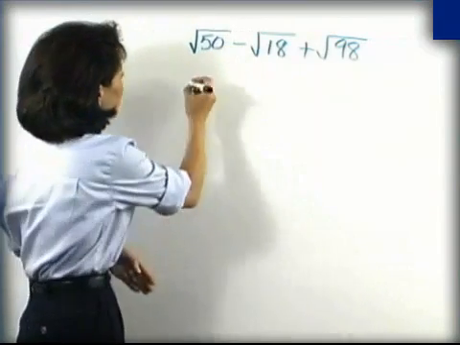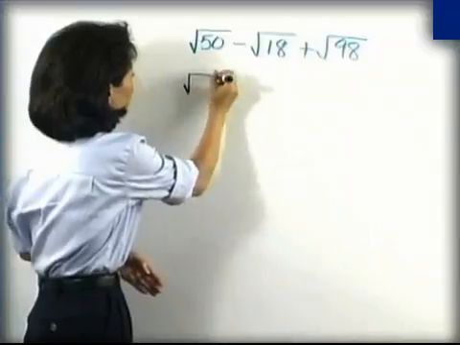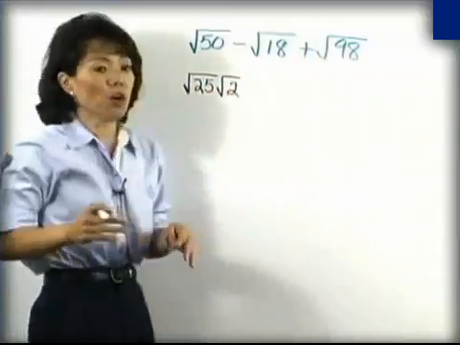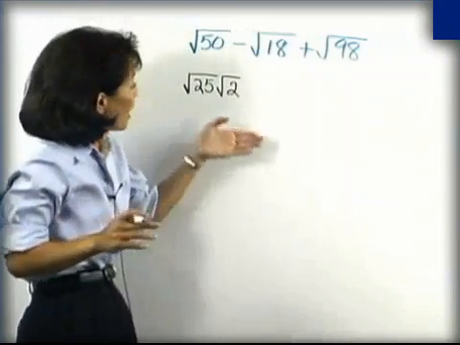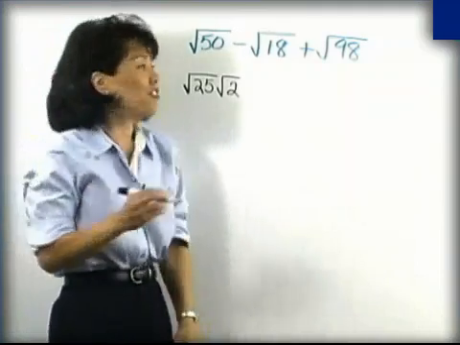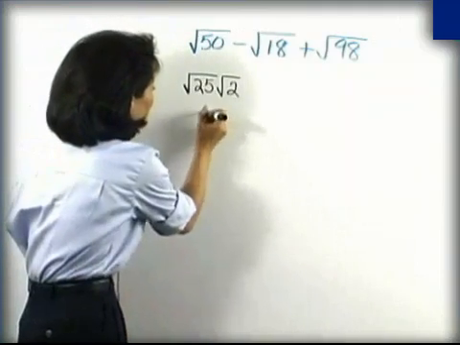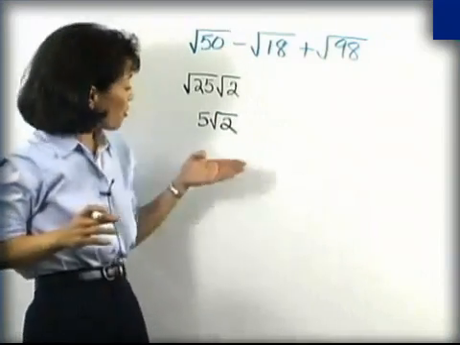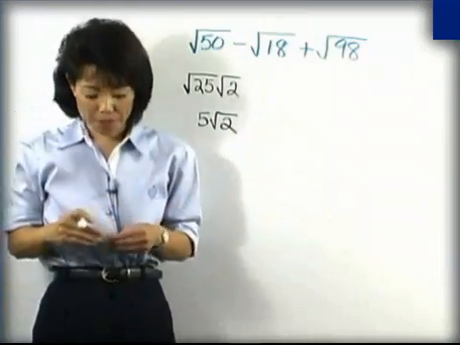So I'm going to write the square root of 50 as the square root of 25 times 2. Why do I do that? I do that because the square root of 25 I know is 5. So the square root of 50 simplifies down to 5 times the square root of 2.